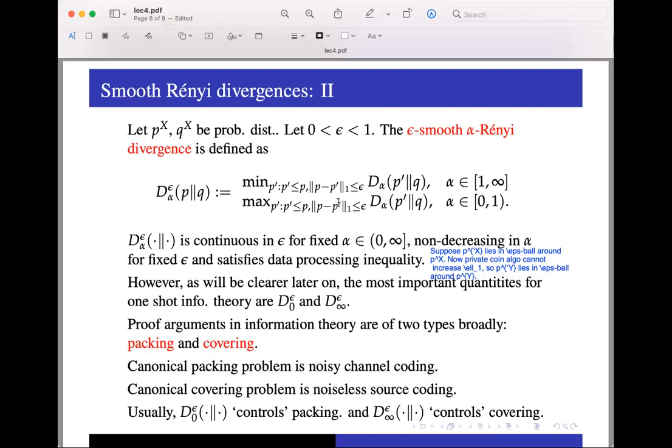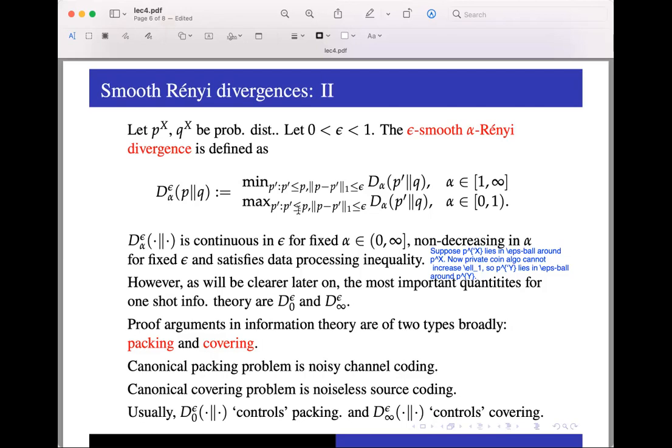I'll perturb P to P prime in such a way that the support of P prime is less than or equal to the support of P, strictly less in effect, so that d0 can increase. Only if the support of P prime shrinks below the full support can I hope to get a non-zero value for d0. So at least for d0, it's clear that one should be maximizing here.